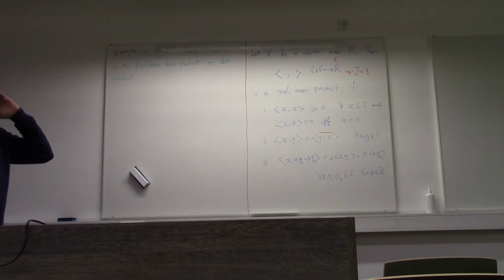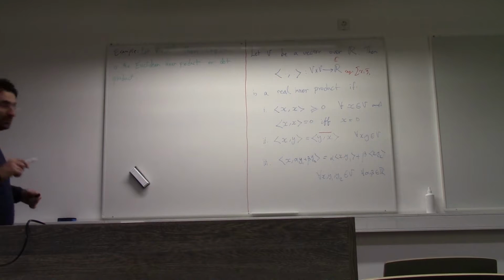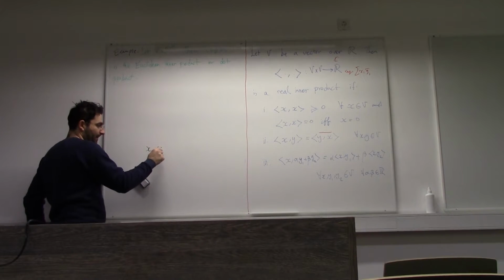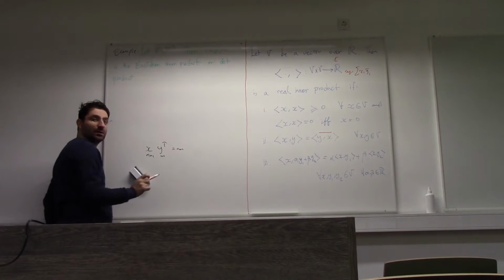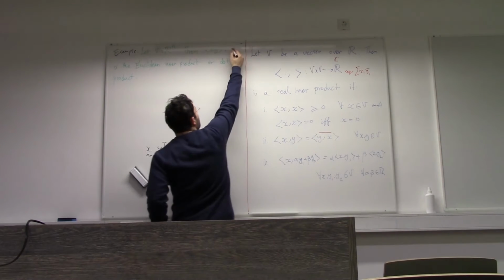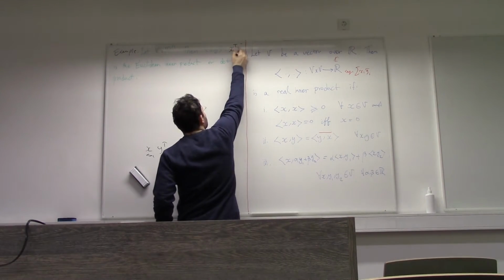Is it a vector, a matrix, or a number? A number, a scalar. So x y transpose: this is n by 1, this is 1 by n, then the result is n by n. So it will be x transpose y.